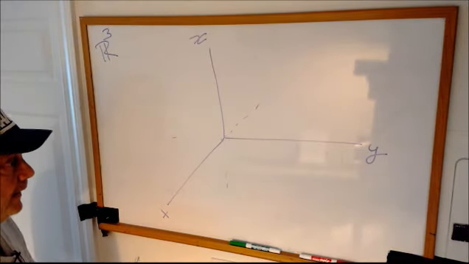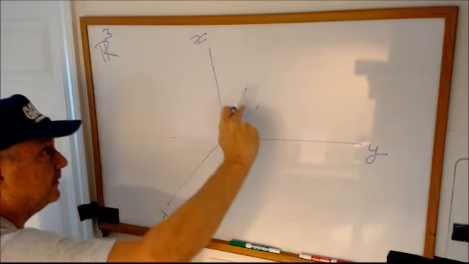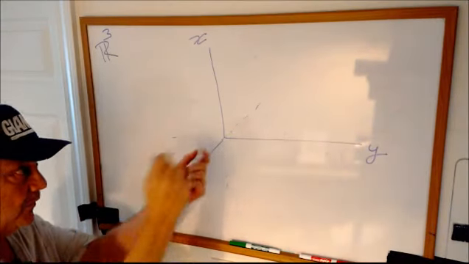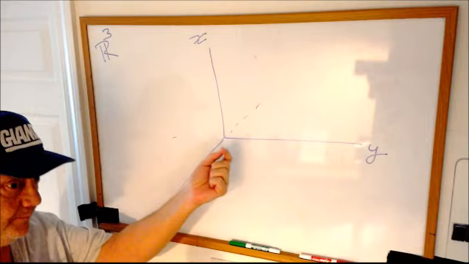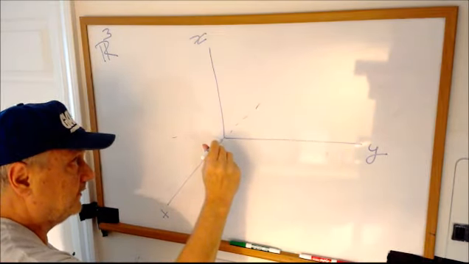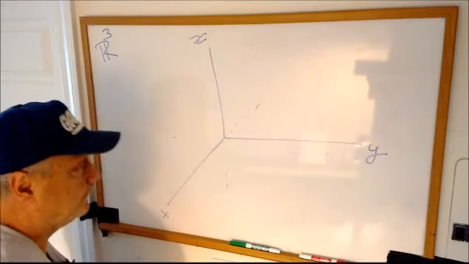Okay? Now, z is perpendicular to y, and you can think of x as coming out of the board. Okay, so x is perpendicular to y, and x is perpendicular to z.